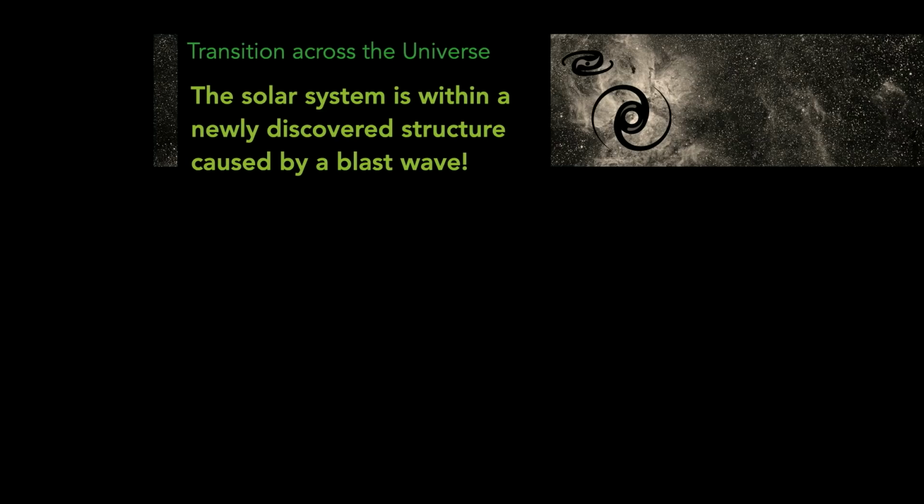It's been established by scientists based at Harvard that the solar system is at the centre of a newly discovered structure caused by a blast wave. Not by a volcano, but instead by a supernova that happened probably some 14 million years ago.